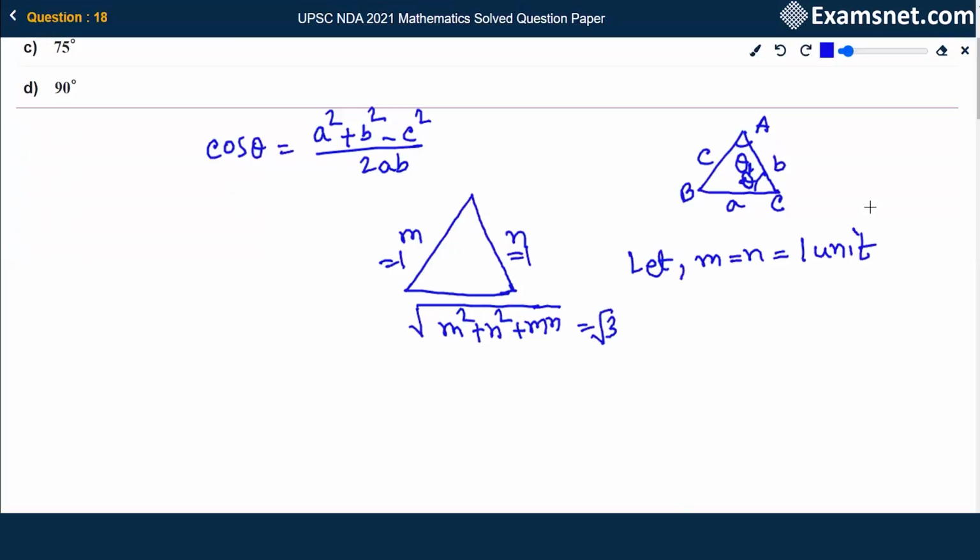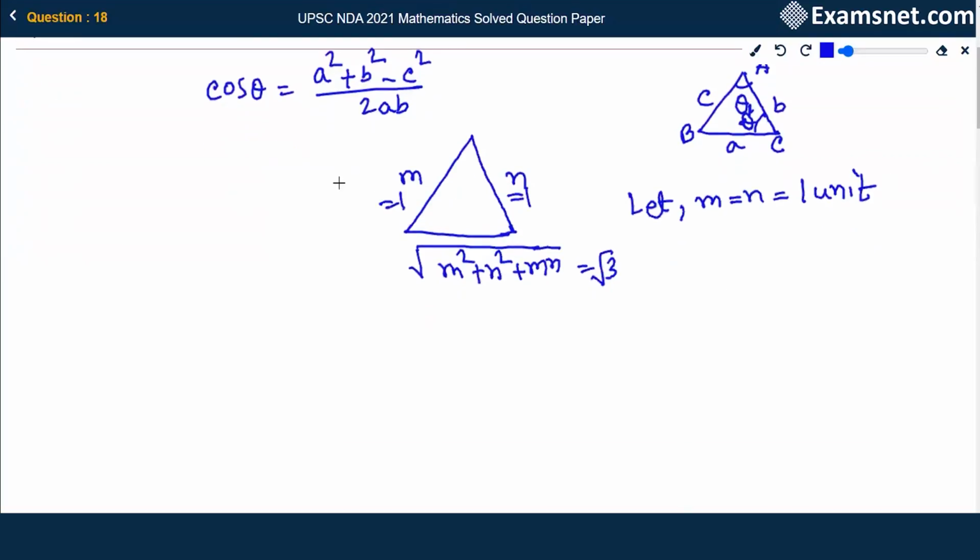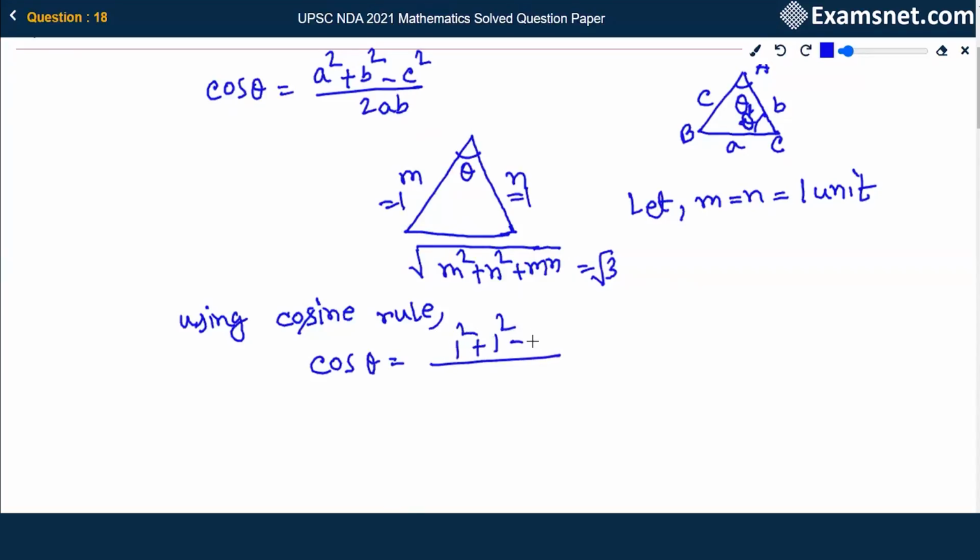Fine. So using the cosine rule, if theta is the angle between the sides m and n, we can write cos theta as (1 square plus 1 square minus root 3 whole square) by 2 multiplied by 1 multiplied by 1.